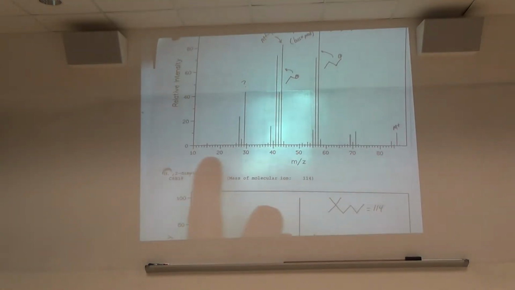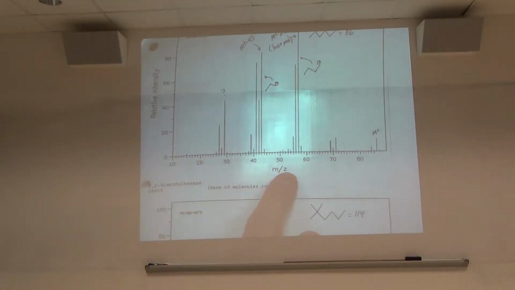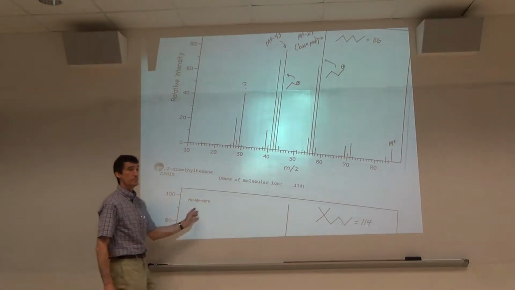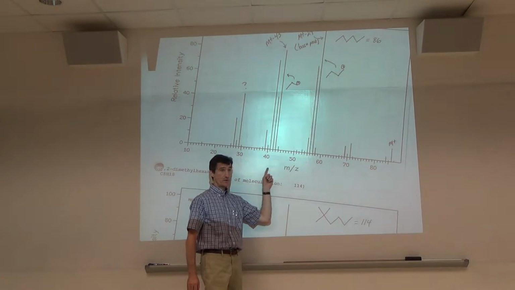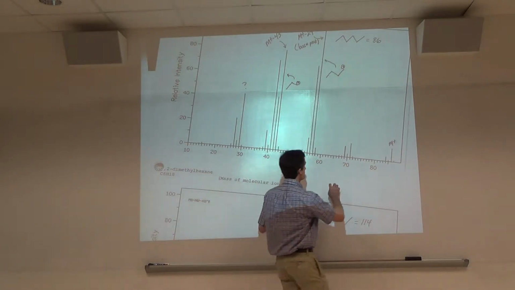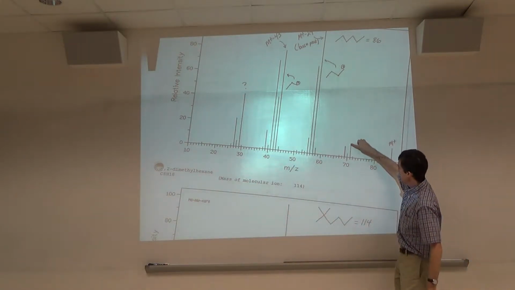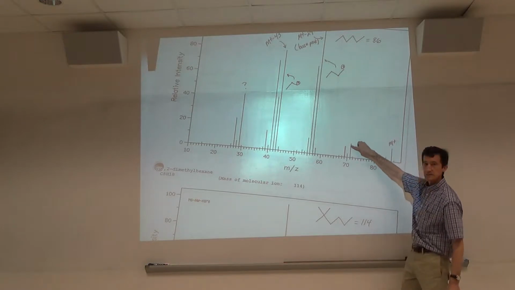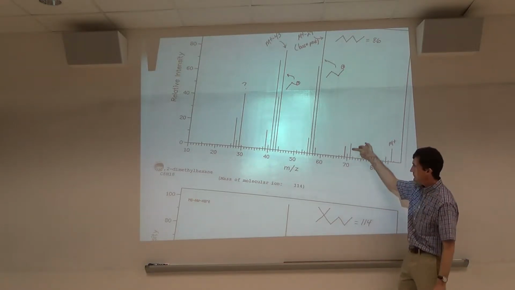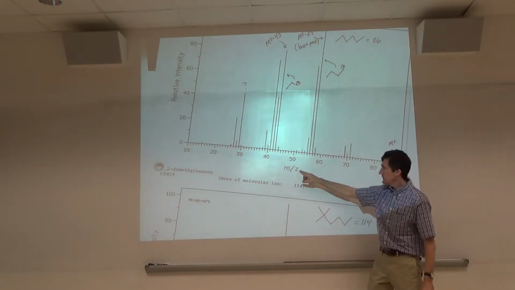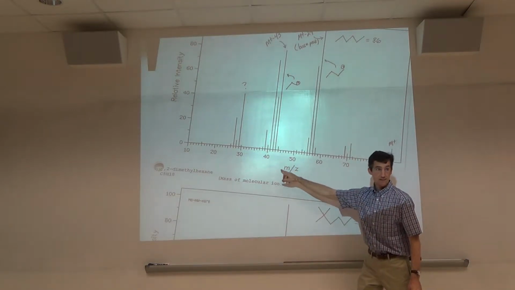Down here, these numbers are actually mass to charge, the M to Z ratio. Whatever this species is that gave a signal at 71 has a mass to charge ratio of 71. Now, if the charge is 1, the mass is 71.